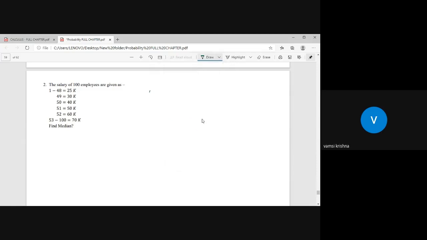Yeah, let us consider the marks of the students are like this, and the number of students are like this. Marks of the students are 0 to 10, 10 to 20, 20 to 30, 30 to 40, and 40 to 50.